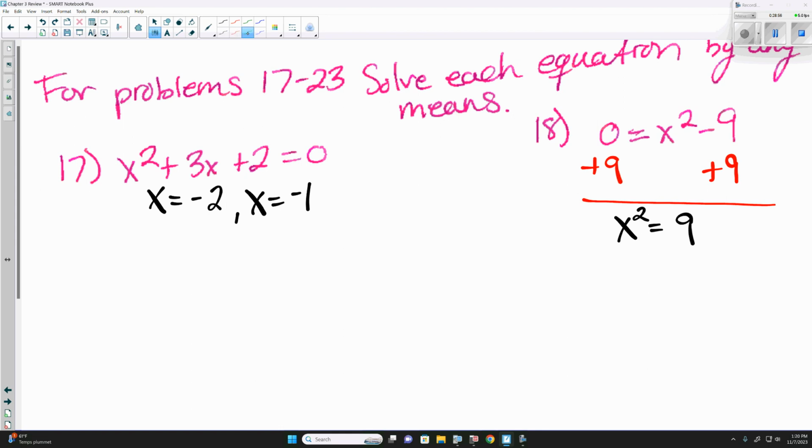At this point here, we take the square root of both sides, telling us x is equal to plus or minus, because anytime we take the square root of both sides, we need to add the plus or minus. And the square root of 9 is 3. So x is equal to positive or negative 3.